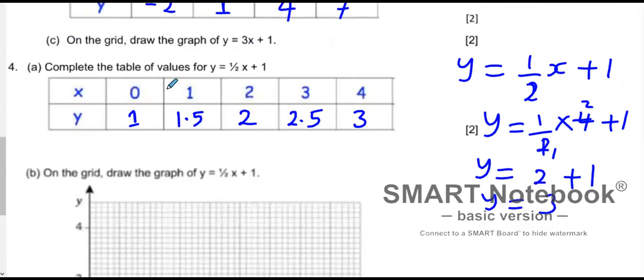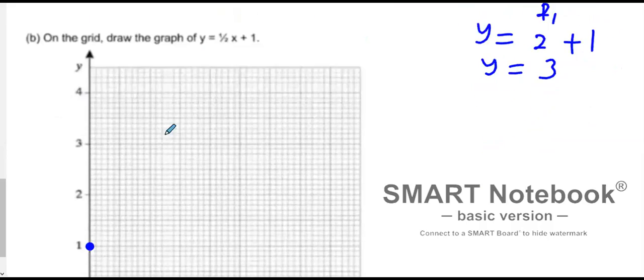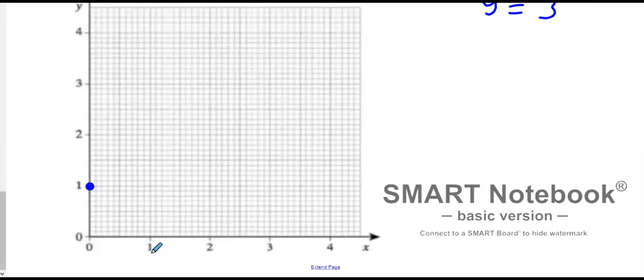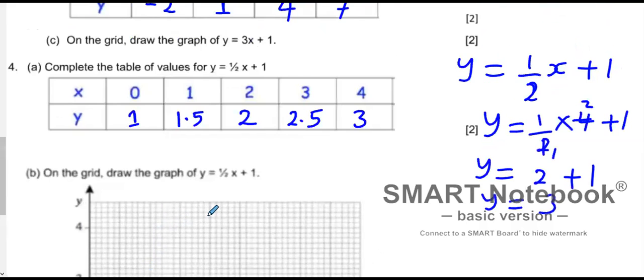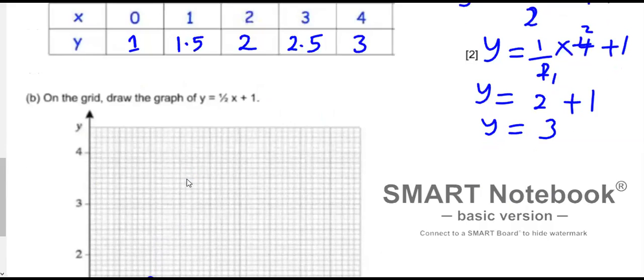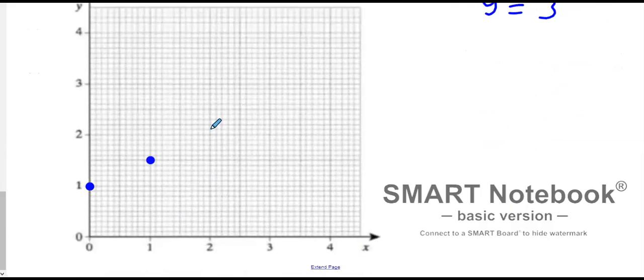X is 1, y is 1.5. This is 1, and 1.5 is halfway to 2, so the point will be there. Then x is 2, y is 2. So they meet somewhere there.